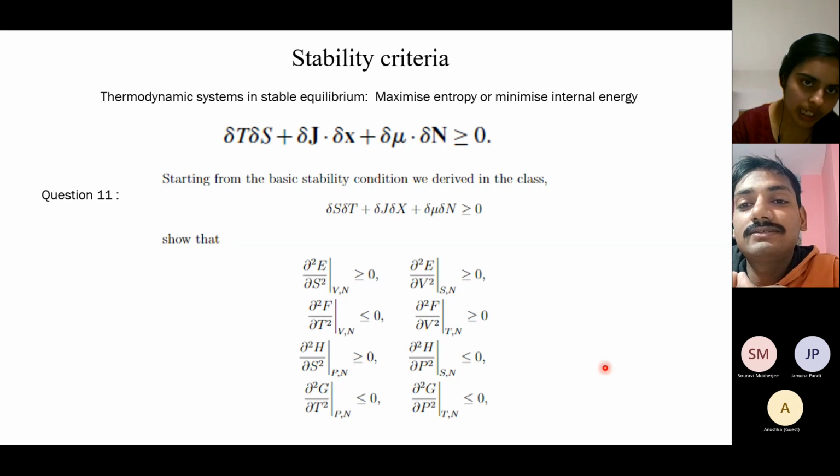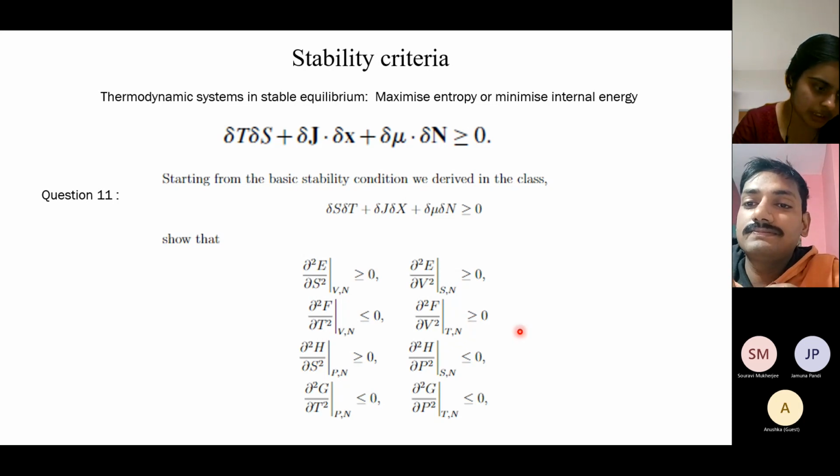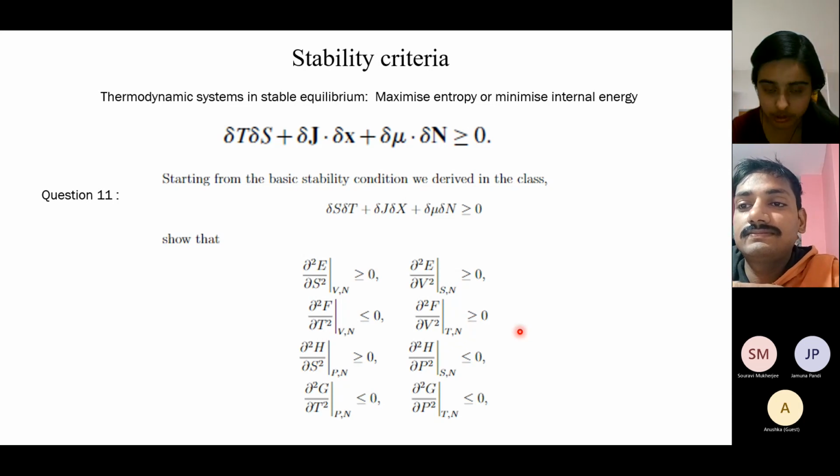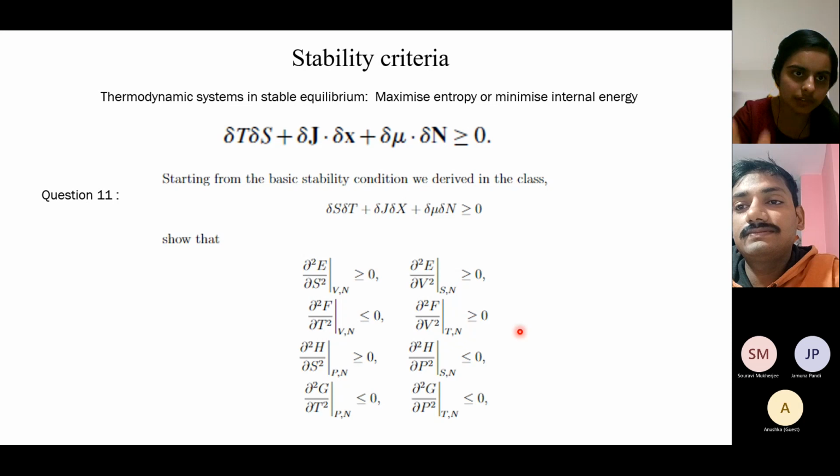What I suggest is to try to remember the expressions for the different thermodynamic potentials. There are four basic thermodynamic potentials: the internal energy, the enthalpy, the Gibbs free energy, and the Helmholtz free energy. It's good to have an idea about the expressions of these four, because that is very easy to remember, and from there you can easily get to anything else.